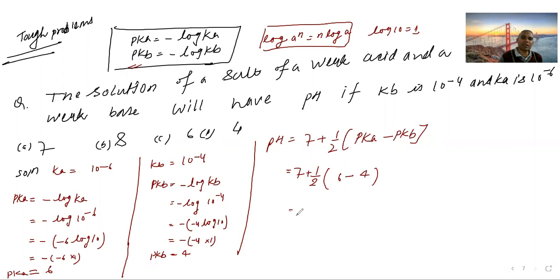So 7 plus 1 by 2 times 6 minus 4, that is 2. So 2 ones are 2, and 7 plus 1, pH is coming 8. Can you understand this one?